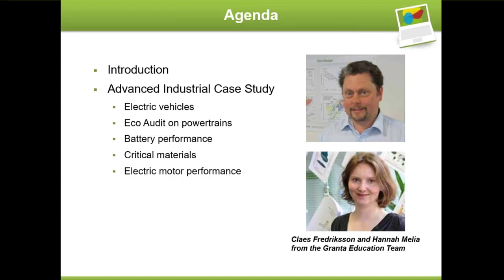We'll also have a look at the sustainability database and the information that we've got on regulations in the nations of the world. And finally, we'll look at the performance of electric motors and why rare earth elements are important.